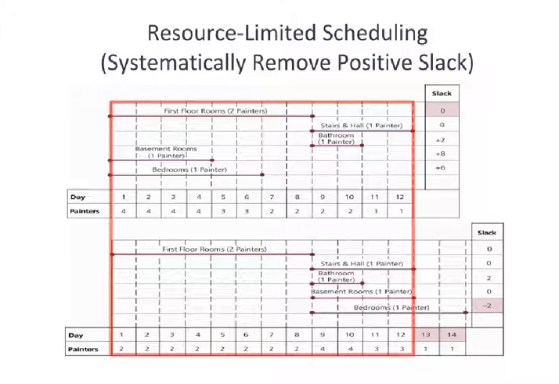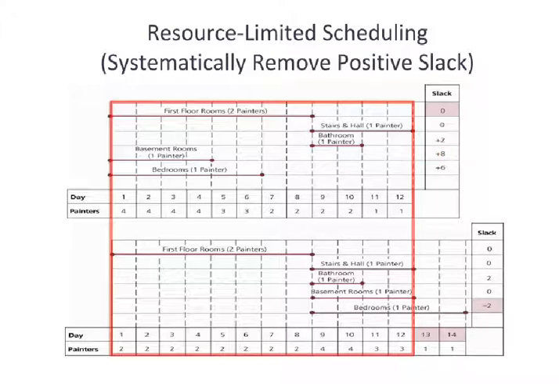Now, what we're going to do is we're going to start systematically removing the positive slack. We're going to leave the first 2 items alone because they have no positive slack. The item that has a lot of positive slack is the basement rooms, which is +8.